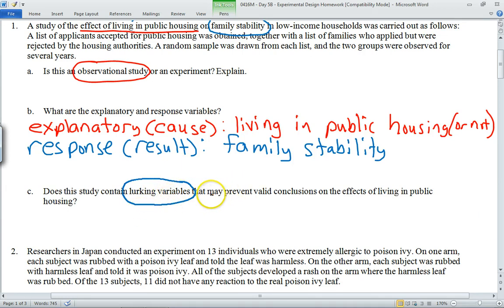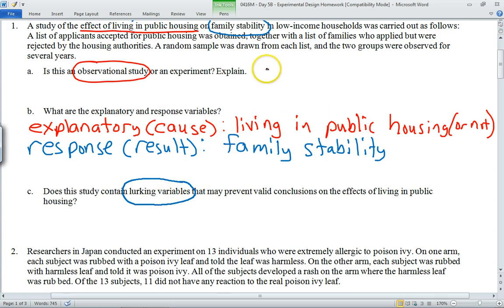Now, there might be all kinds of lurking variables in a study like this. In fact, this is one of the problems when you try to do an observational study. An observational study is a good place to start, but when you really want to eliminate lurking variables, you are going to have to do an experiment where you have controls that limit the lurking variables.